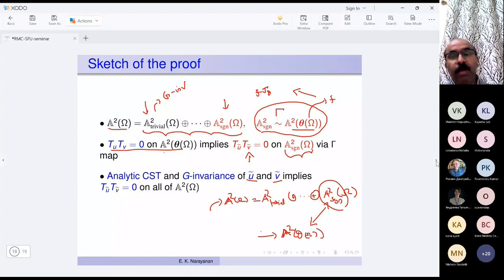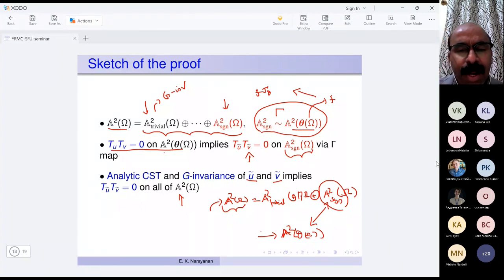So one goes to all the other pieces. There are several pieces here, right? So for all of them, the product TU tilde TV tilde will be 0, and so it will be 0 on the whole space A2 omega, right? So whenever you have a zero product theorem on the whole space A2 omega, you have a zero product theorem on the quotient space. So this is the final result.